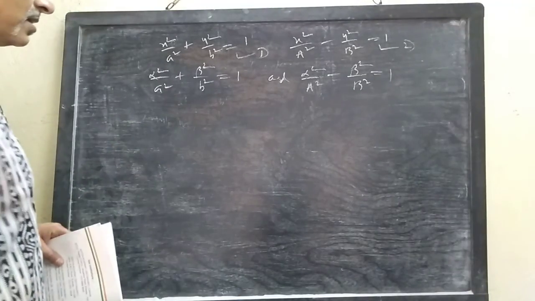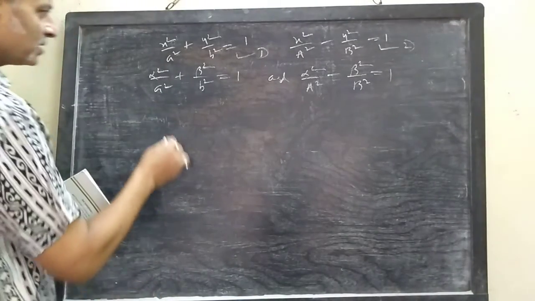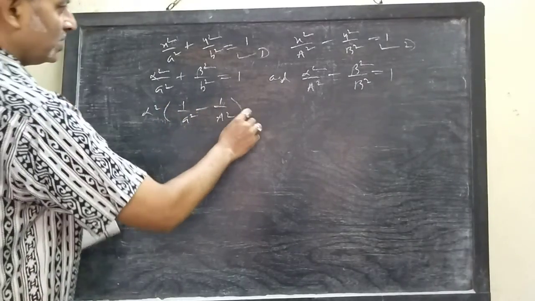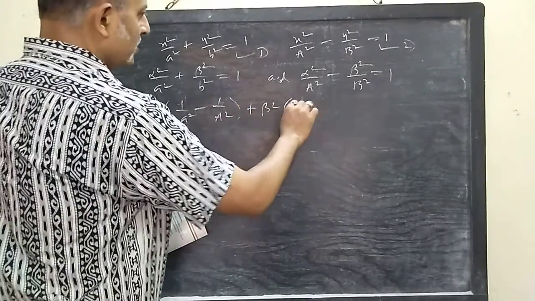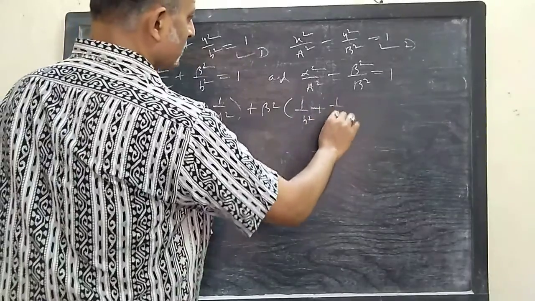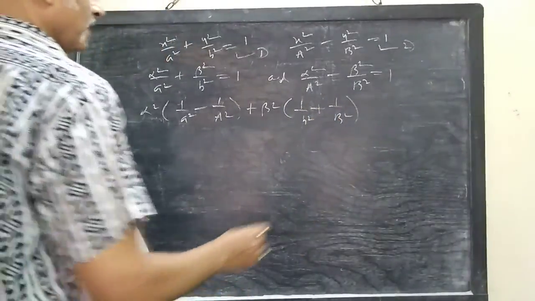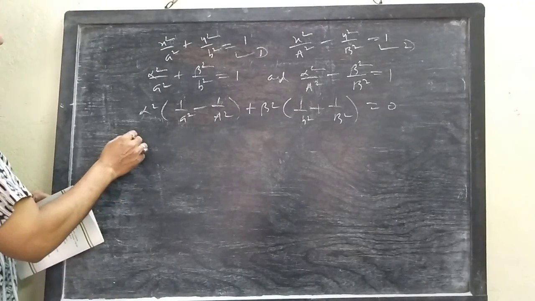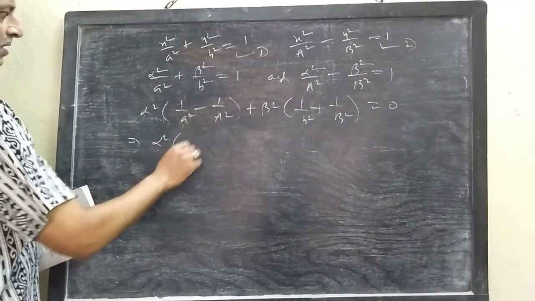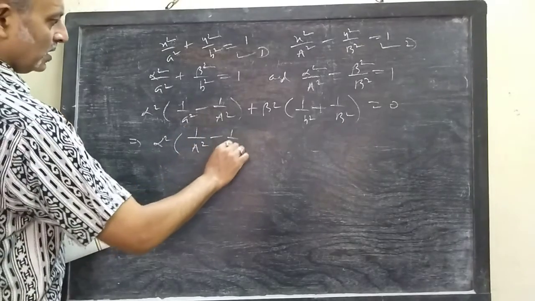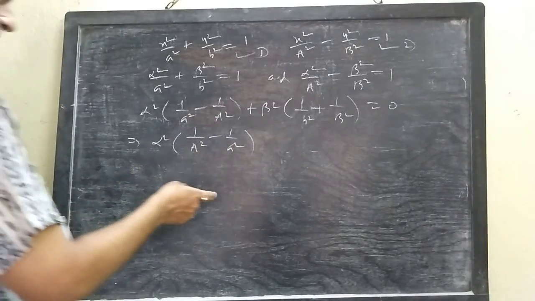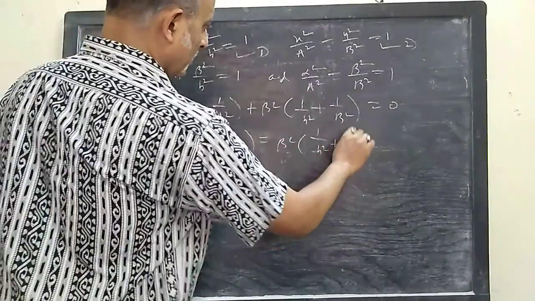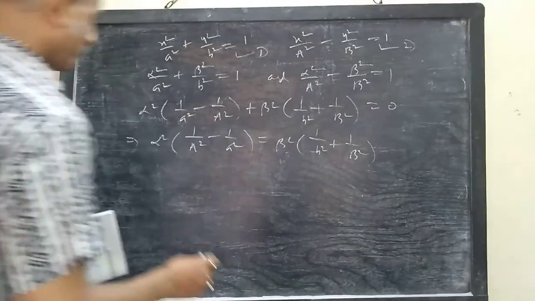Now subtracting their corresponding sides, this minus this, you get alpha square into (1 by a square minus 1 by capital A square) minus beta square into (1 by b square plus 1 by capital B square) equals 0. So you get alpha square into (1 by a square minus 1 by capital A square) equals beta square into (1 by b square plus 1 by capital B square).